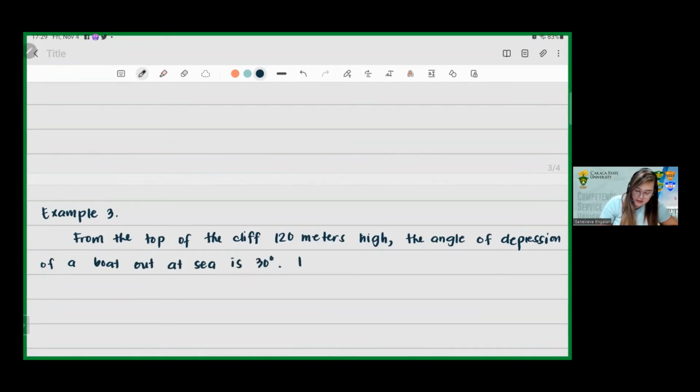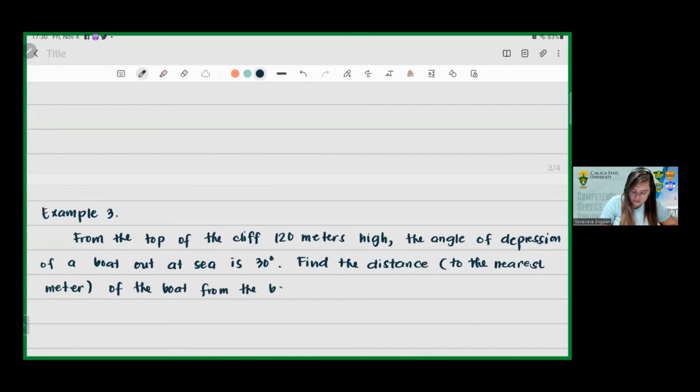Find the distance, to the nearest meter, of the boat from the base of the cliff.